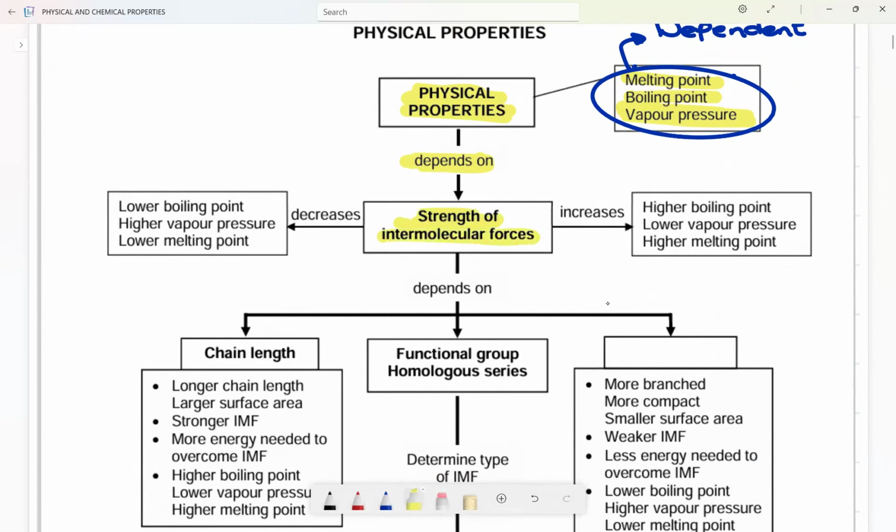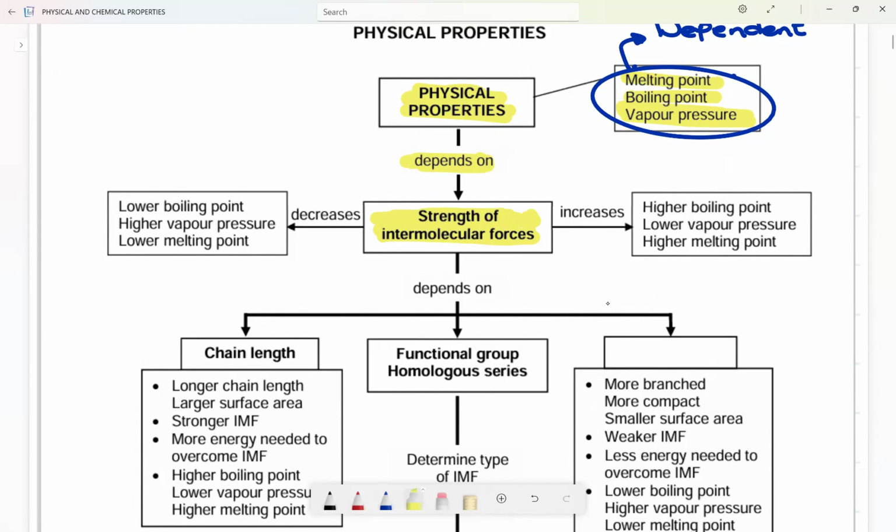Now we know from grade 11 we did a little bit of this topic when we were dealing with intermolecular forces and intramolecular forces. The strength of the intermolecular forces is the one that is going to tell us whether that particular organic compound we are dealing with has a higher or lower melting point, boiling point, or vapor pressure.